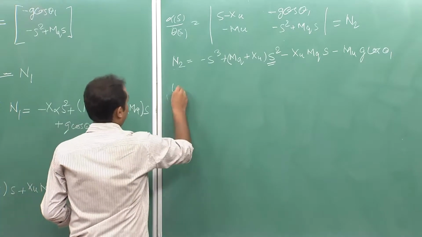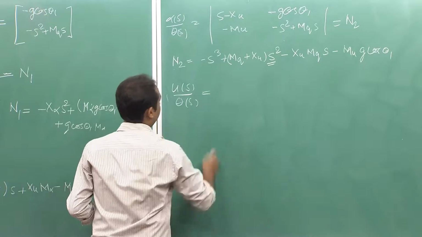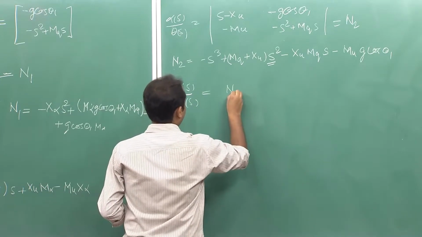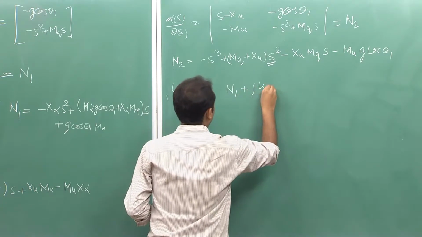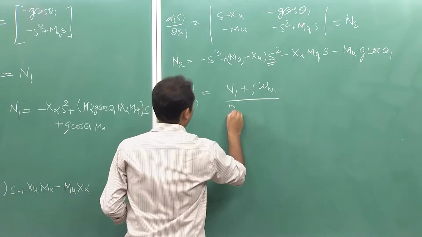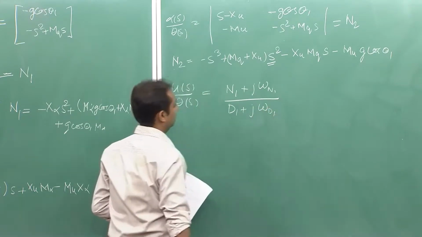Let u of s upon theta of s be in some form of complex number, say numerator n1 plus j omega n1 and d1 plus j omega d1.